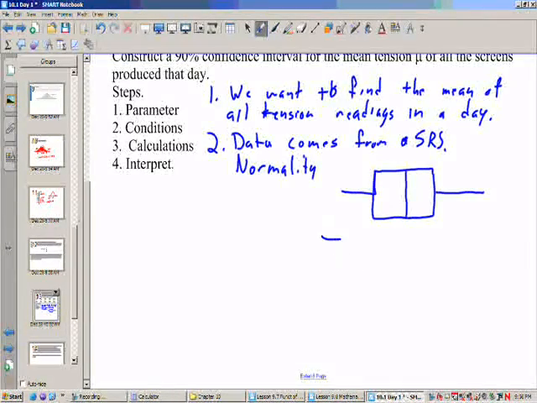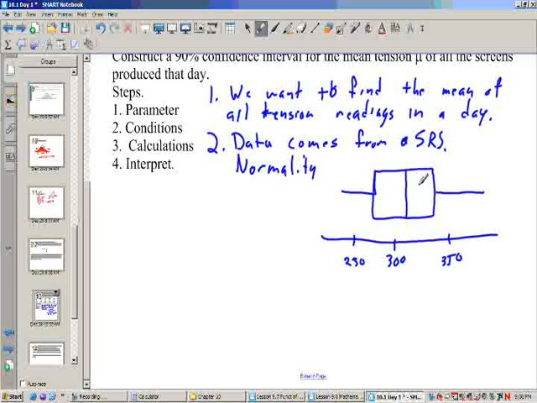Alright. Now, this is about 250, 300, 350. So since this box plot is relatively symmetric, we can say that the data is approximately normal.